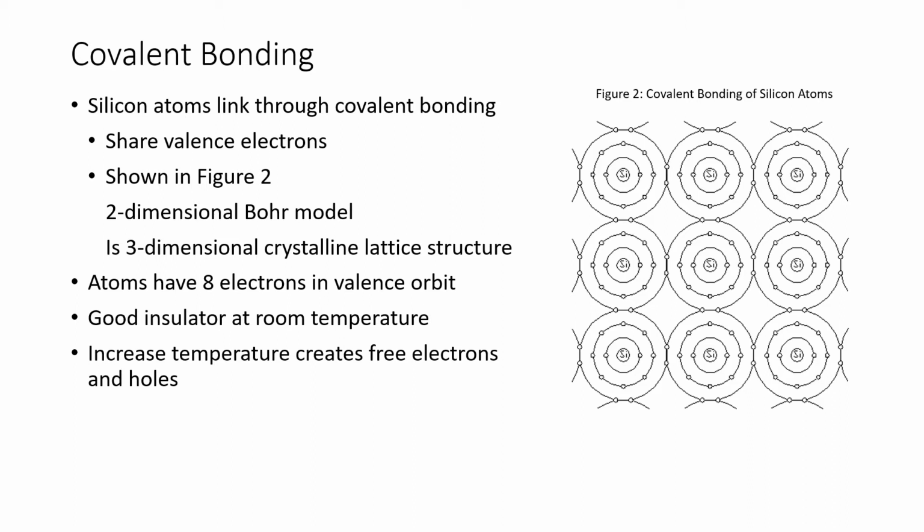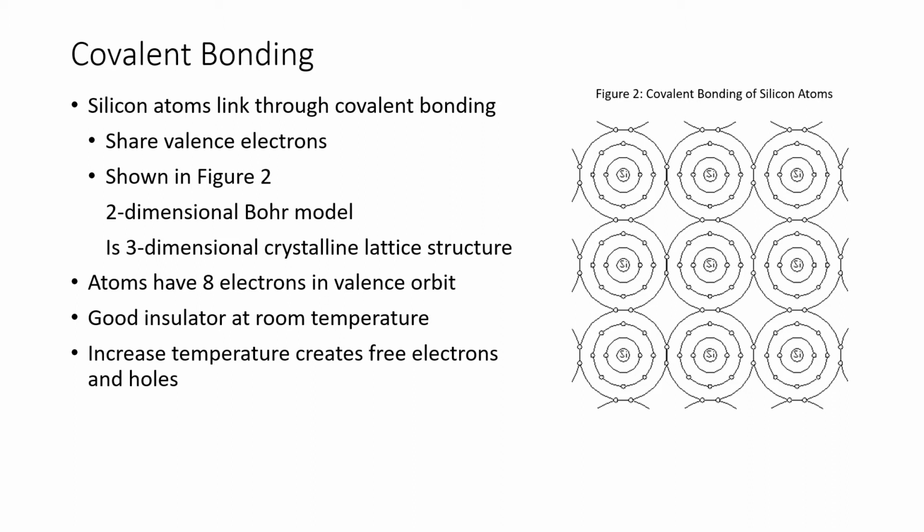Now understand that this structure is really a three-dimensional crystalline lattice structure. For those of you that have taken chemistry, a silicon atom is a tetrahedral shaped atom. But again, it's virtually impossible to illustrate this drawing a three-dimensional view of the atomic structure.